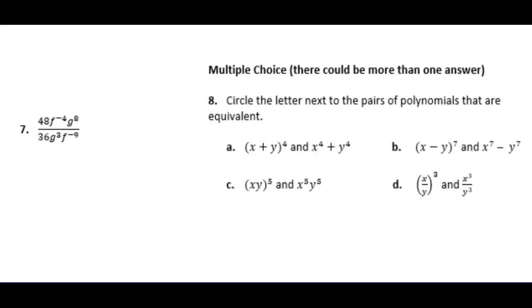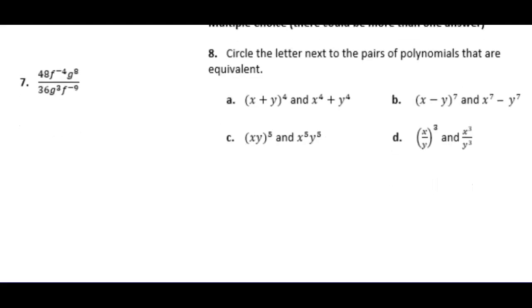If you want to do that, that's fine. Remember that whatever answer you get when you do that is on the top. And so if it's negative, it has to go to the bottom. So that is one method to do this, is to actually just use our division rule. The other method is to rewrite this so that everything's positive.